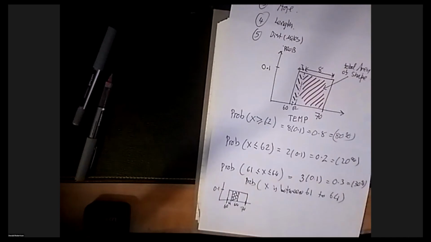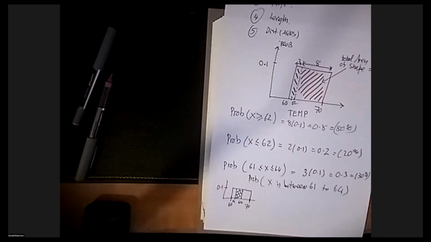Because if you find the distance between them, 64 take away 61 is 3 degrees. And then the height is still 0.1. So the area of that piece of the cake is going to be 0.3 in this case. So in continuous variables of this type of question, you're always looking for the area of the thing. That's the way you're going to go.